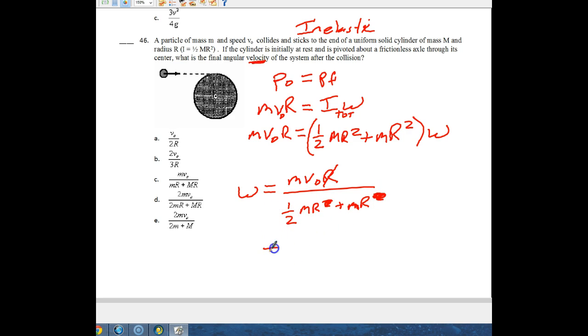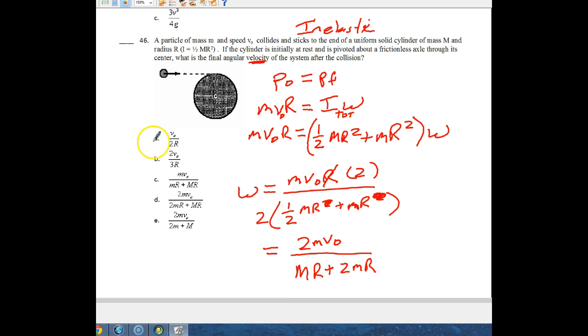We're going to move the 2 to the top, so we're going to have 2 times little m times v naught, and that's over. Now we multiplied the bottom by 2 and the top by 2 in order to get rid of the 1/2. So this is going to be capital M R plus 2 times little mr.